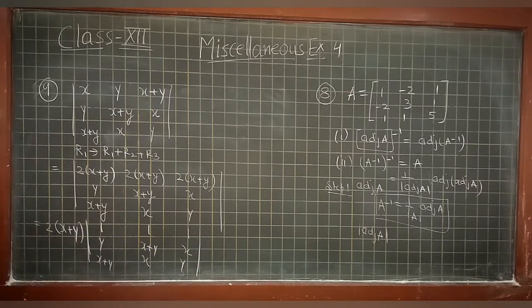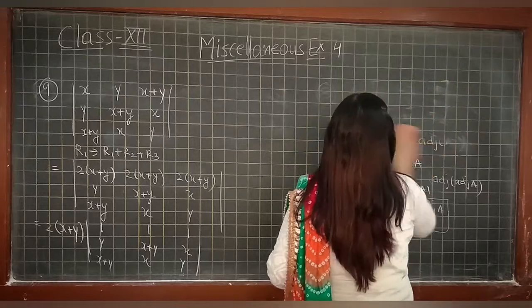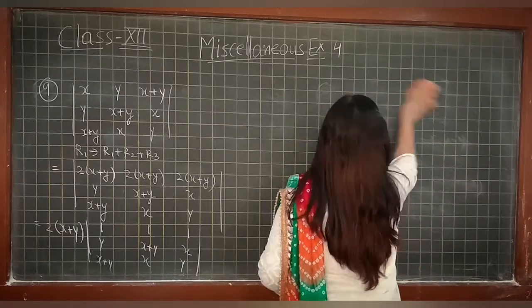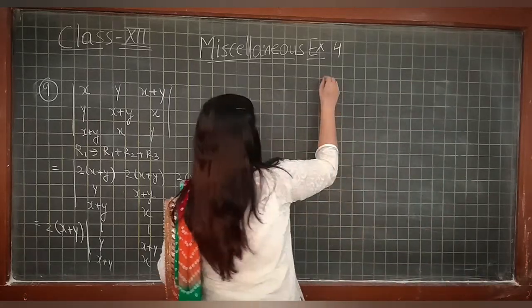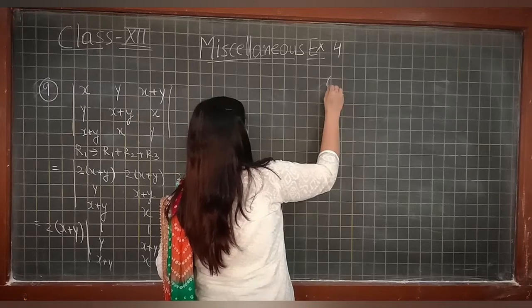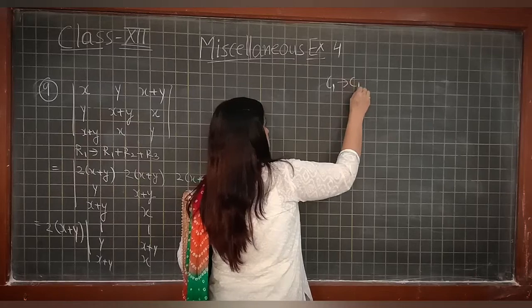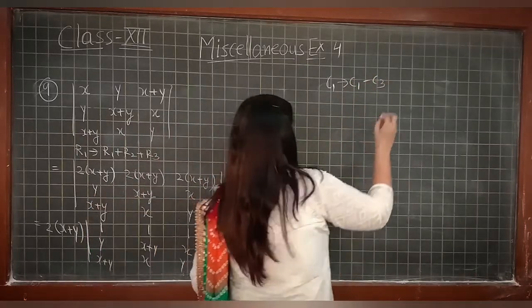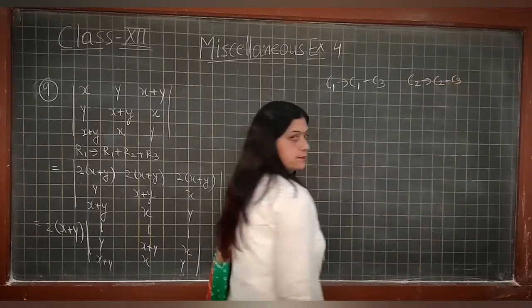Okay, so now you can get 2 zeros from R1. Now you change C1 to C1 minus C3 and also C2 to C2 minus C3.